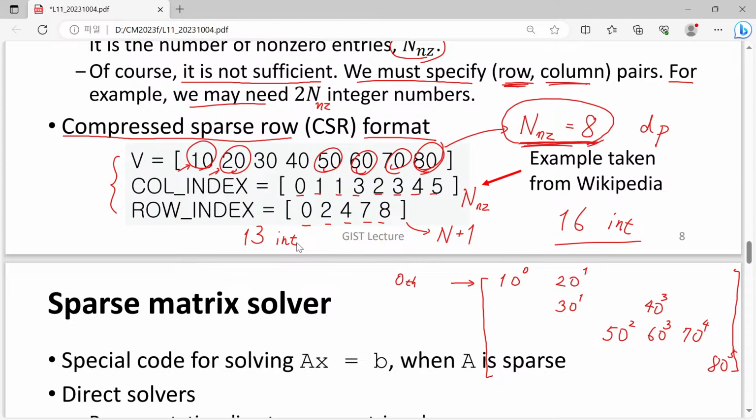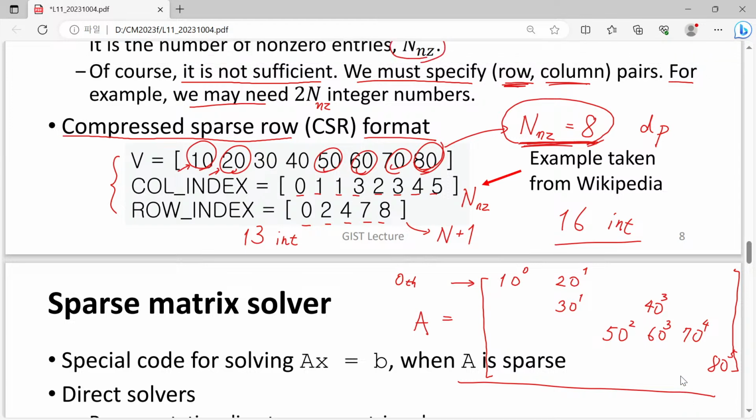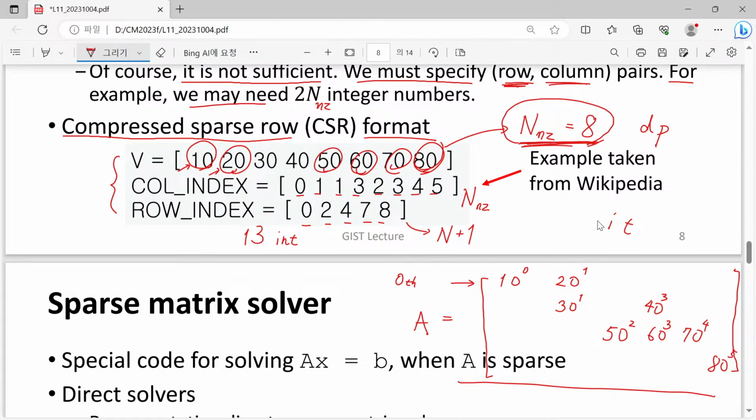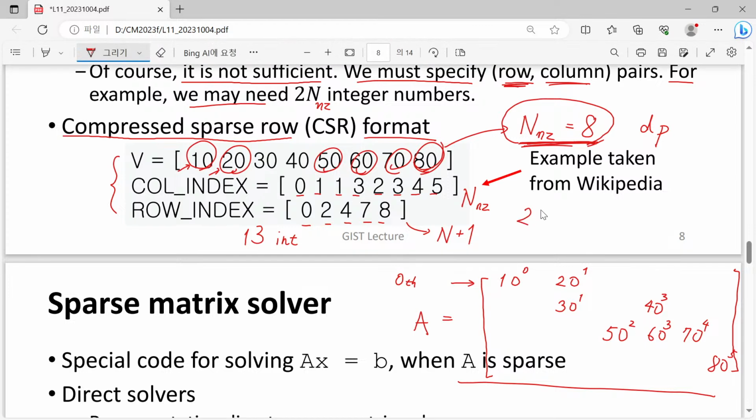The reduction is not that high, but this is just a small example. If we have a very huge matrix, then of course the reduction will be quite large. So the number of integers spent was reduced from 2 times nnz to nnz plus n plus 1.